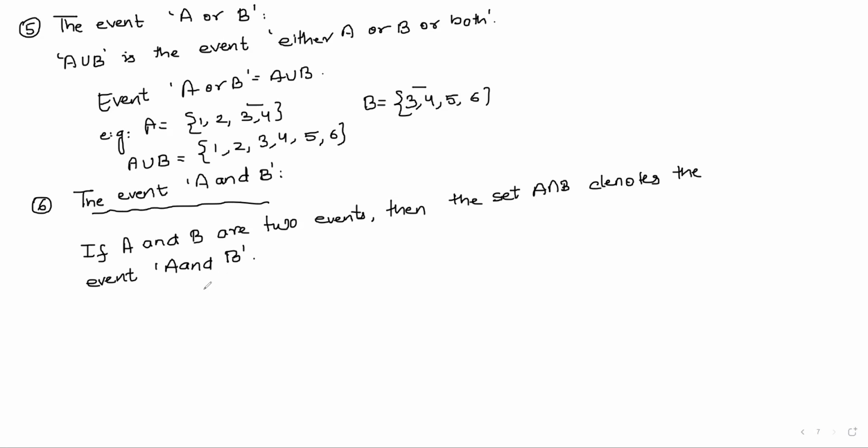So A and B is given by A intersection B. That means x belongs to A and x belongs to B. So that means here we will take the common values. Okay, please note on this.